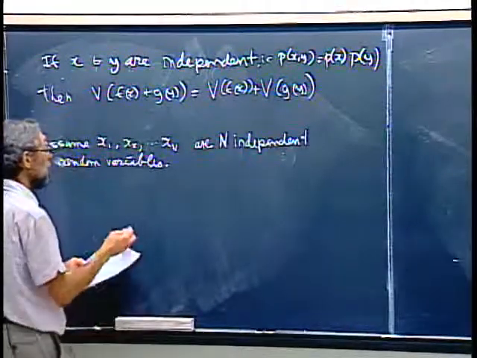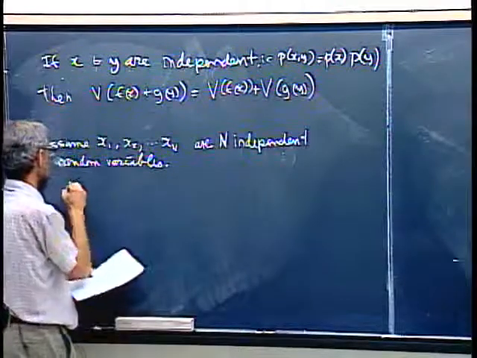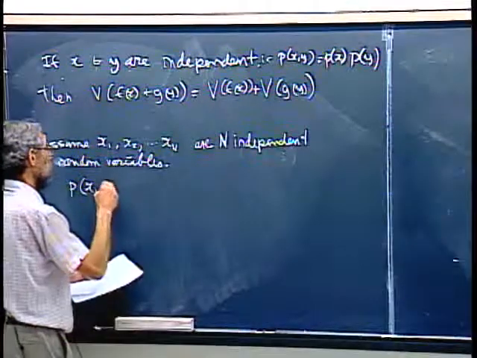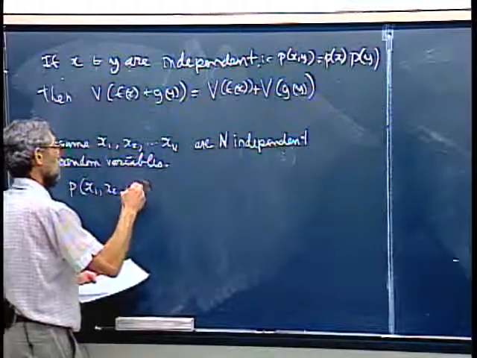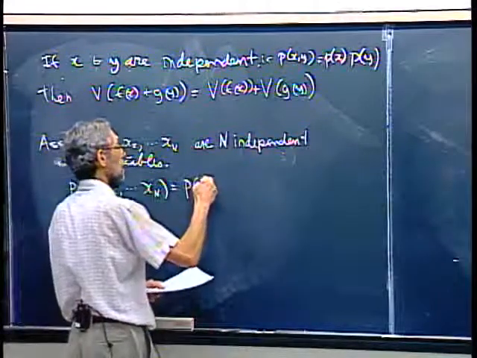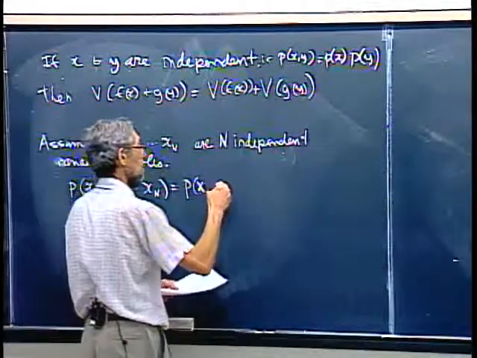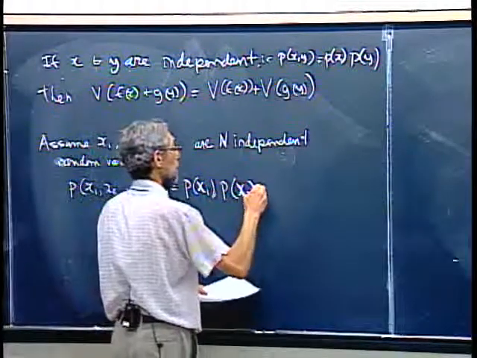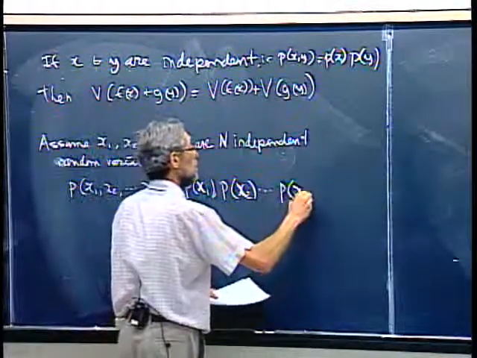So for continuous variables, if I have n of them, that means the probability of getting the first one to be x1, the second one to be x2, up to xn, is the product of the probabilities, probability of x1 times the probability of x2, up to the probability of xn.